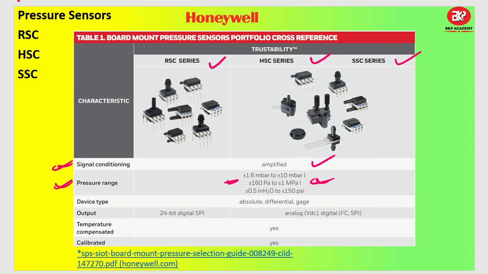The device type can be absolute pressure, differential pressure, or gauge pressure. I'll talk about which pressure sensors are most suitable for our particular application, whether gauge, differential, or absolute type. Temperature compensated, yes. Calibrated, yes. There is a document for all these pressure sensors' characteristics and cross references, and I will upload the link in the description.